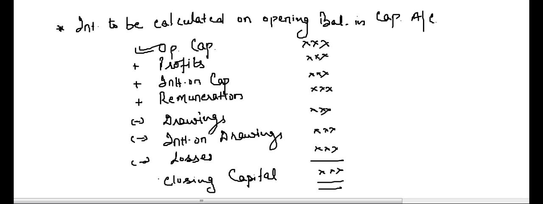Take the closing capital, add back the items that have been subtracted, that is, add back drawings, interest on drawings, and losses, and subtract from the closing capital what has been added. Profits will be subtracted, interest on capital will be subtracted, and remuneration will be subtracted, and we will reach the opening capital.